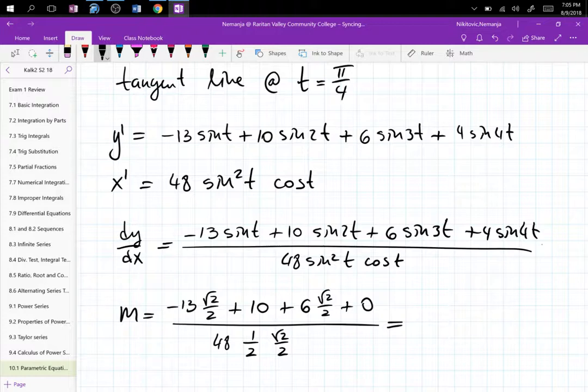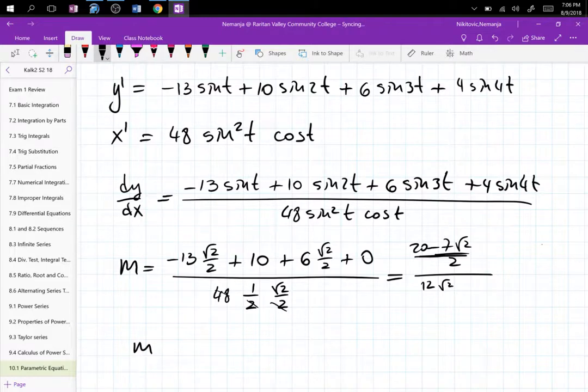So now I have negative 13 plus 6, that's negative 7 root 2 over 2, plus 10, so that's 20 minus 7 root 2, everything divided by, this will cancel, root 2 times 4, 48 over 4 is 12. So the slope is 20 minus 7 root 2 divided by 24 root 2.